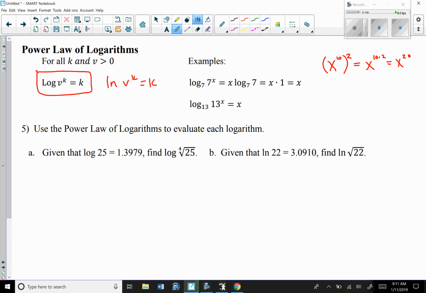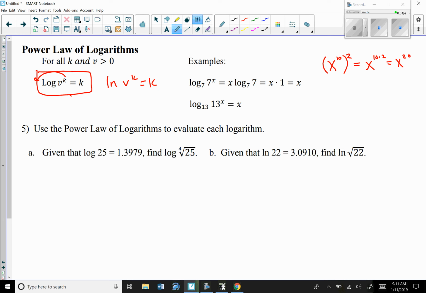So think about when you are doing this power rule, the answer to a log is an exponent. So basically, if we're bringing this exponent k down in front, we have this exponent k times the log of v, which is also an exponent, so you have your exponent times your exponent. So it's kind of the same thing, it's just, again, a different form.